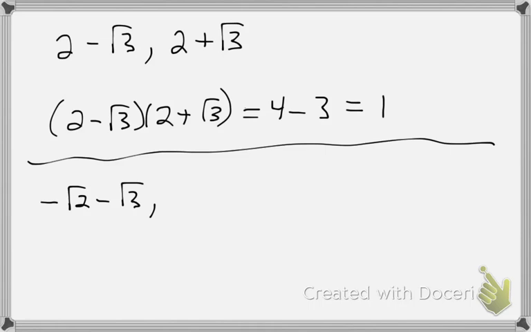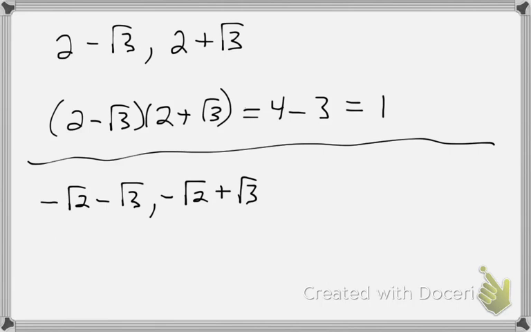If I have negative root 2 minus root 3, its conjugate is negative square root of 2 plus square root of 3. A doesn't change, right? A minus B, A plus B. A stays the same. Is that okay? So negative square root of 2 minus square root of 3 and negative square root of 2 plus square root of 3 are conjugates.